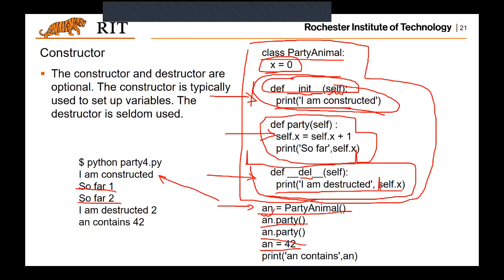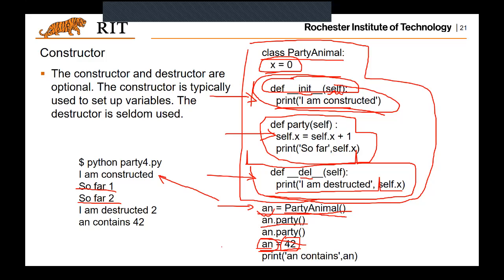Originally, n is assigned to be an object, but now you assign an integer number to n. What does it mean? Well, you do not need that object anymore. You assign another value to this variable n, and the original object, which is a PartyAnimal type object, is not needed anymore.